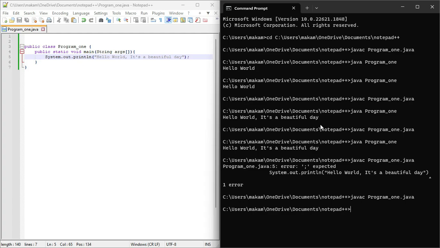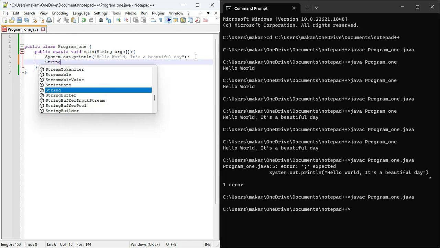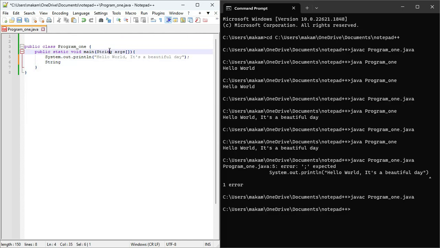So the data types that you'll normally be using when it comes to Java are as follows. Number one, you have a string. As you can see, it's even written there. String was the very first data type that you saw me write.